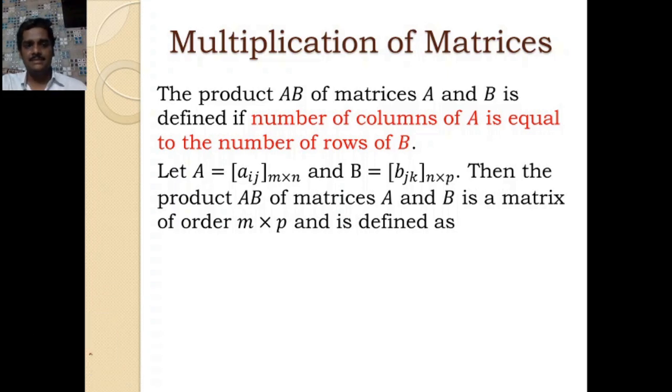The condition is the number of columns in the first matrix, our first matrix is A and the number of columns is n, must be equal to the number of rows in the second matrix. Our second matrix is B and the number of rows in B is n. You can see it's matching, it's equal. So the product A into B is defined.